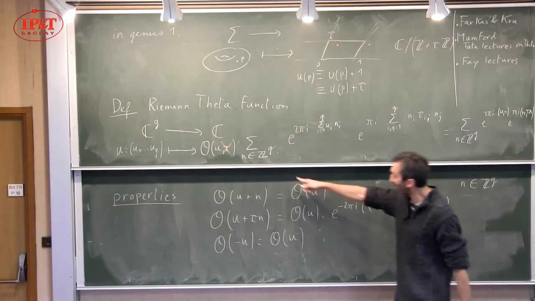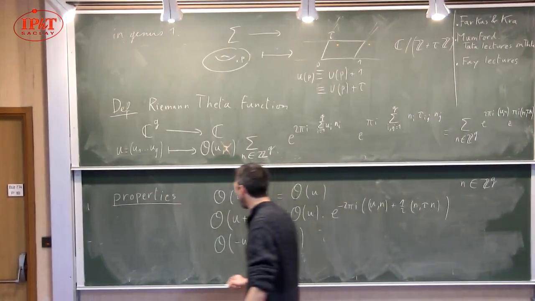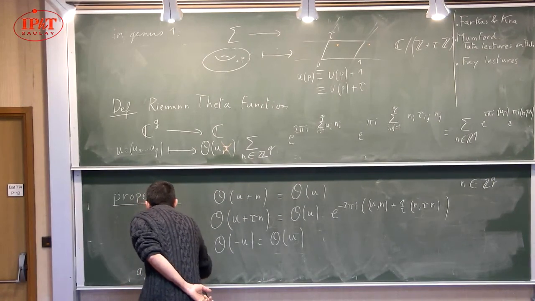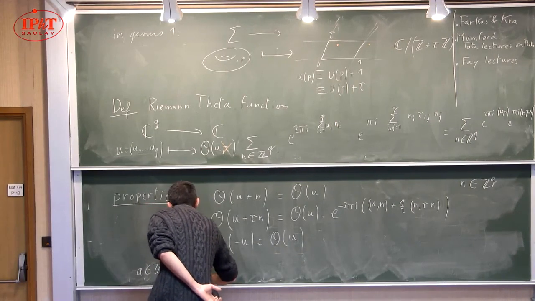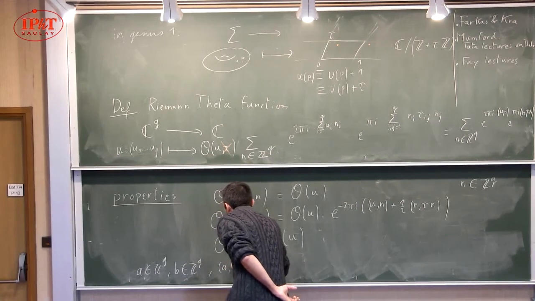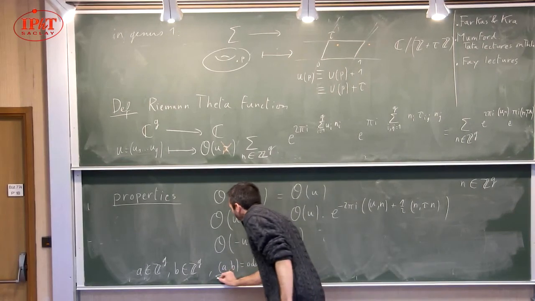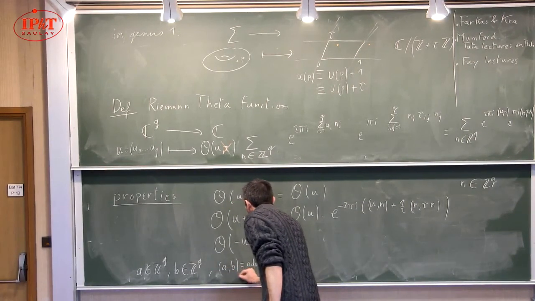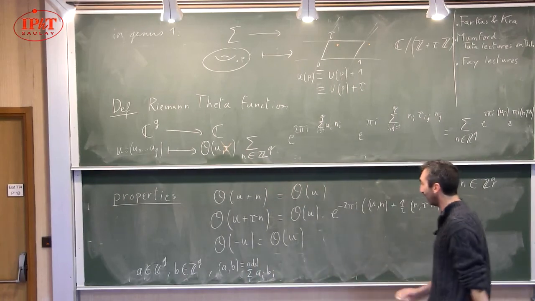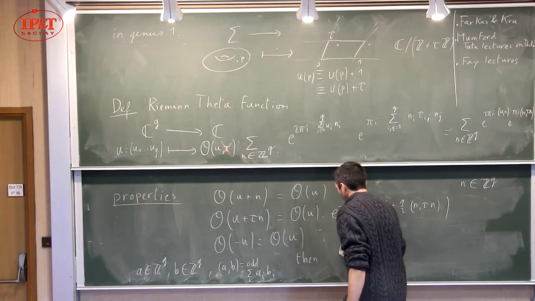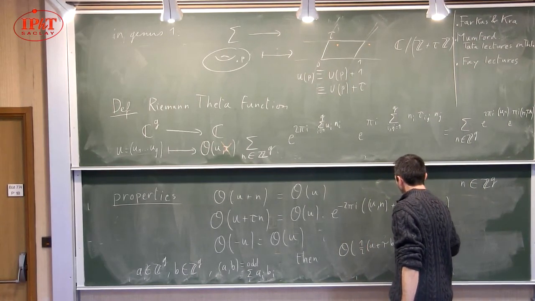If you combine those three properties together, you can easily see that if a belongs to Z^g and b belongs to Z^g, and if the scalar product a.b, which is just the sum of a_i b_i, is odd, then theta of 1/2 of a plus tau b must be 0.